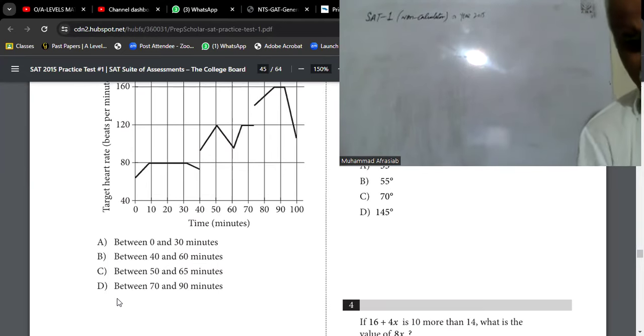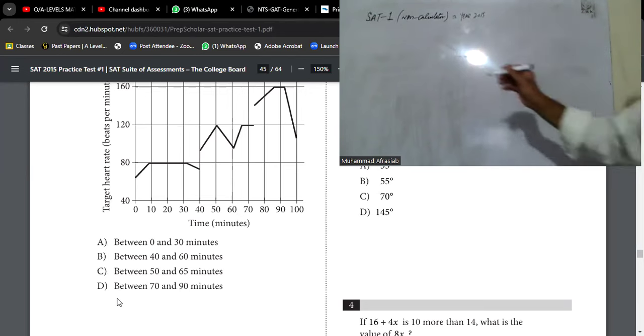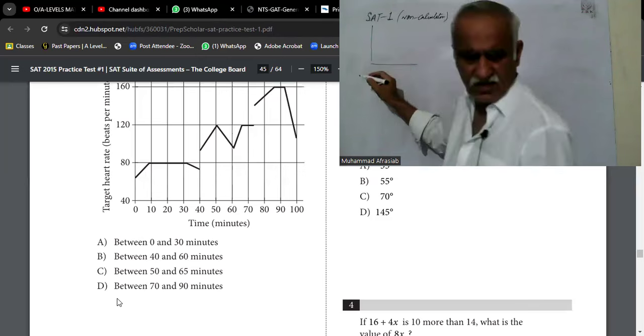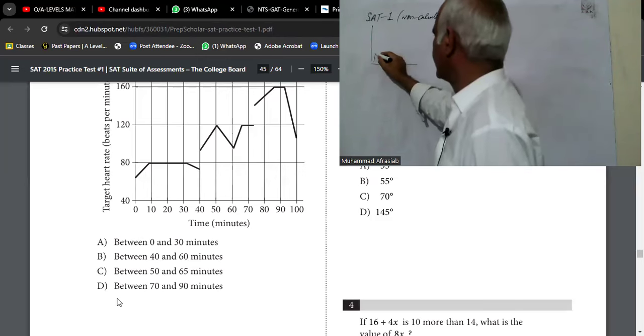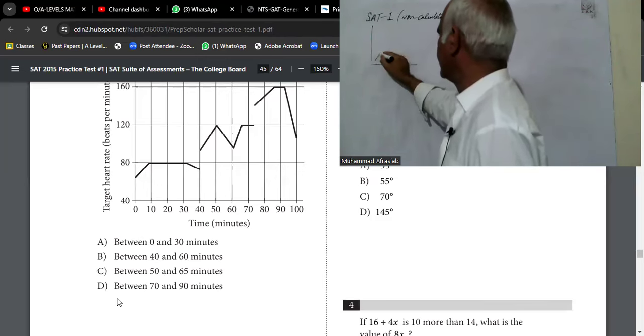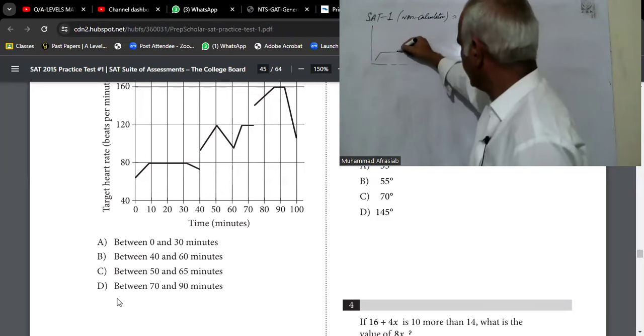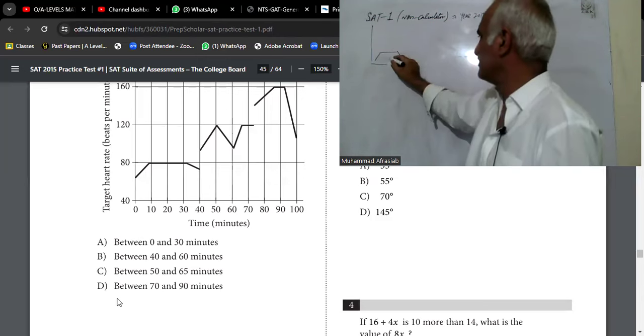From 0 to 30 it is neither increasing nor decreasing, because this is the first graph. It is increasing, but 0 to 30 is not the graph there.